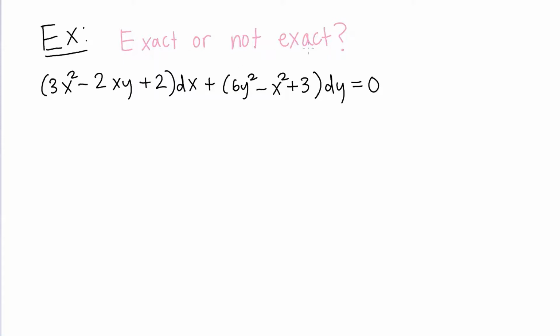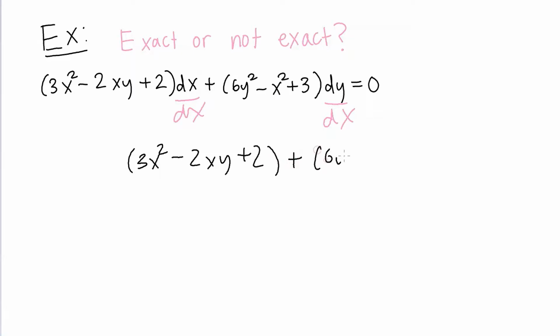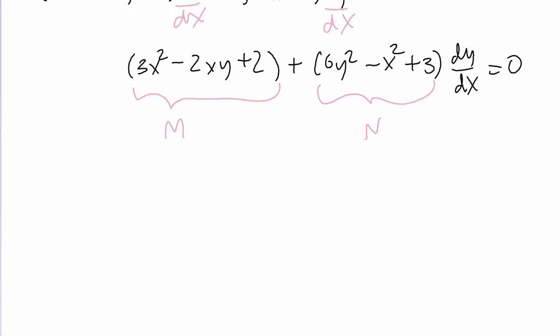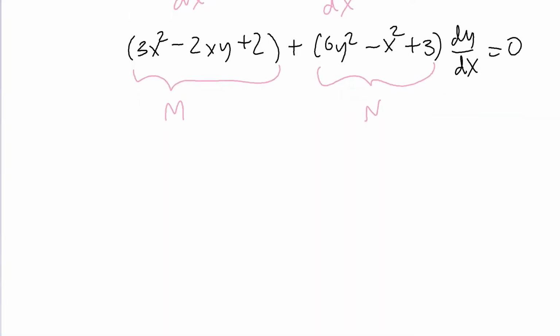If we divide by dx, then we can get the form we want, where we have this dy/dx right here, which is exactly what we want. So now we can consider this the form where this is M and this is N, and we can manipulate M and N.